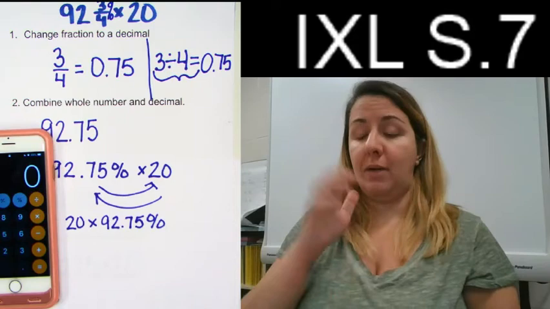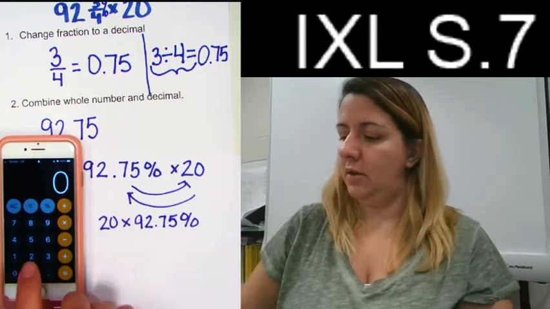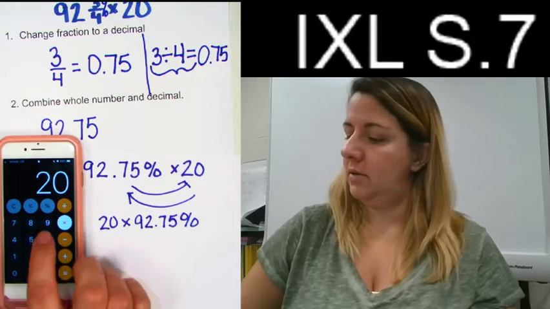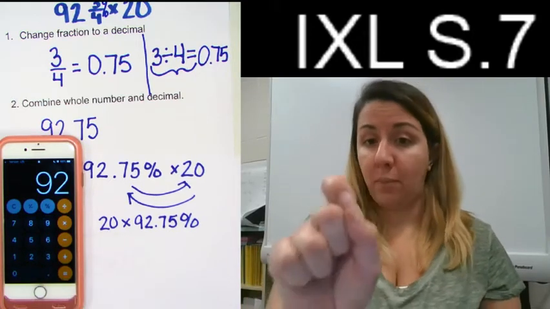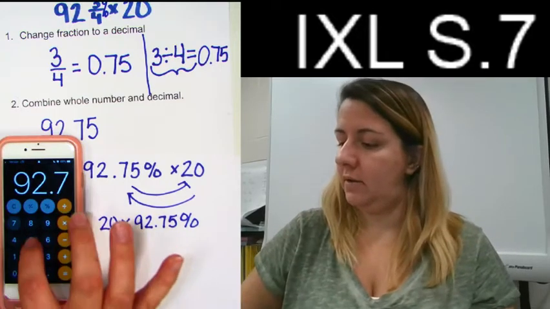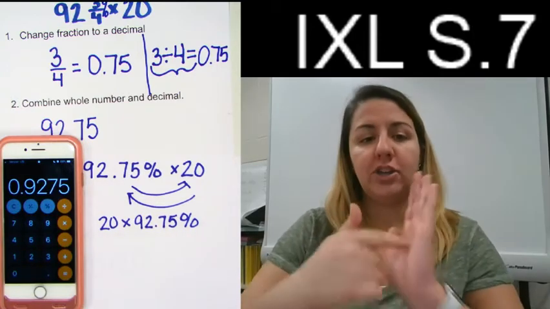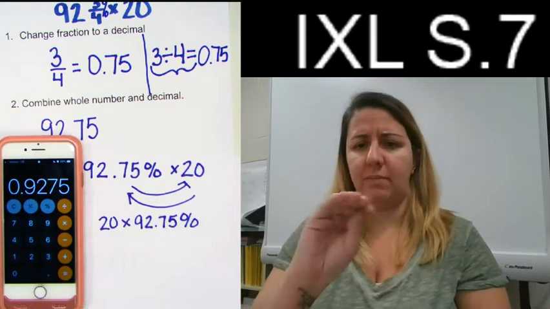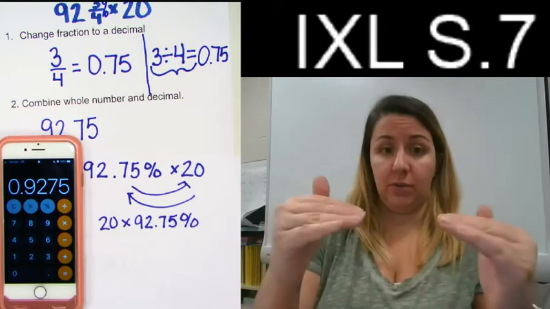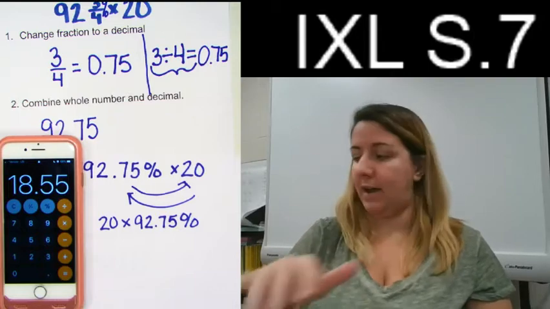On my phone, I would type in 20 times 92.75. When I type percent, it shows me what 92.75% looks like. And then I have to push equal. That's the answer, 18.55.